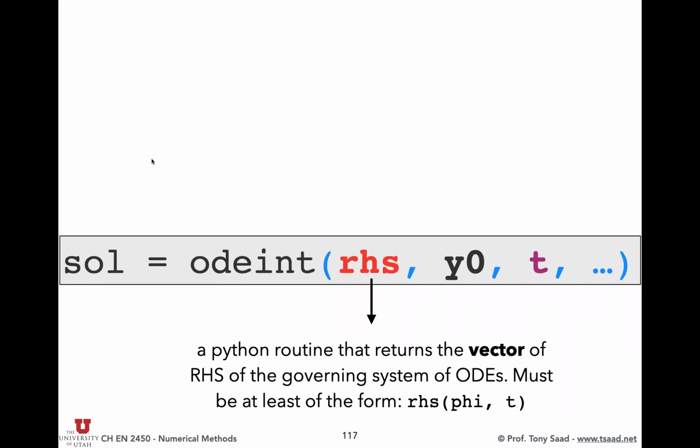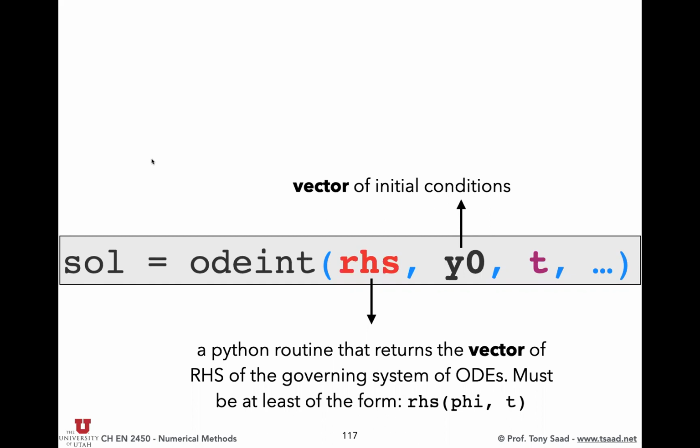And the right-hand side routine must be defined at least in the form right-hand side of the y vector, comma t. Because internally, ODE_int is going to keep calling that right-hand side and it's going to pass it the entire list of dependent variables. So you need to account for that, okay, in that routine.